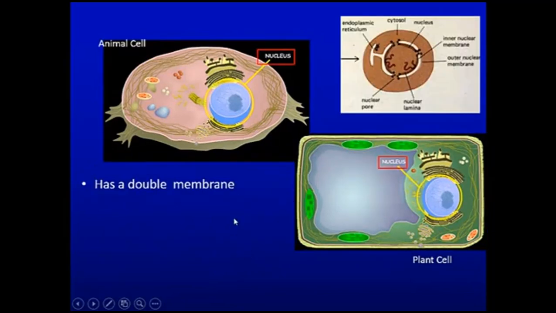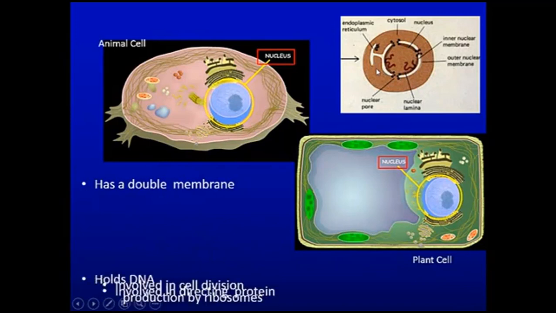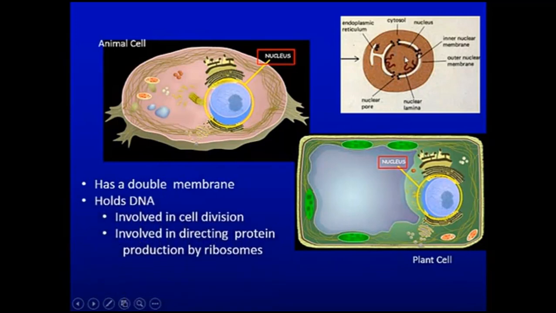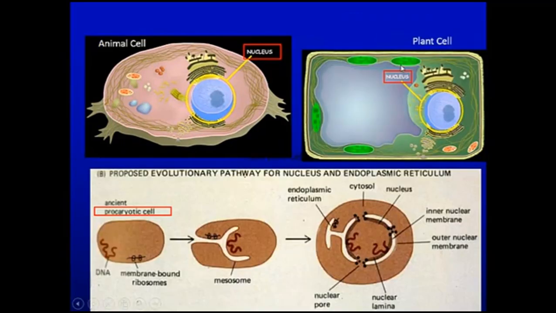Both animal and plant cells have a double membrane in the nucleus. So the nucleus has a double membrane structure that we see around there. It houses the DNA to tell the cell what to do and how to direct its ribosomes. And here we can see how mitochondria might have been a prokaryotic cell that the DNA was enfolded from the plasma membrane.